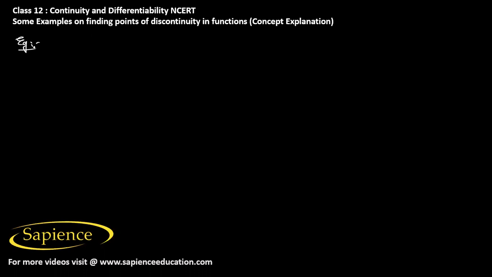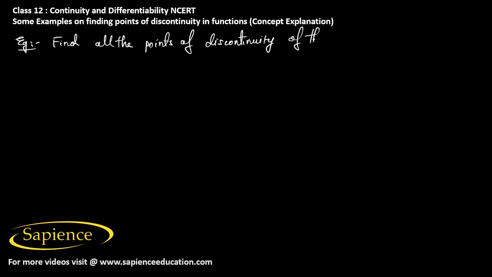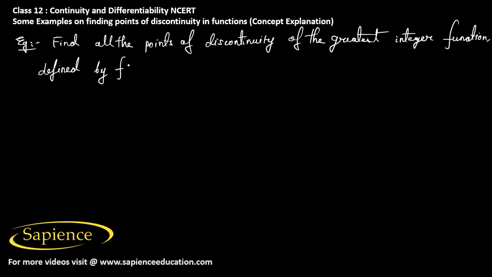So the first example is, suppose it is asked to find all the points of discontinuity of the greatest integer function defined by f of x equals bracket of x, where bracket x denotes the greatest integer function.